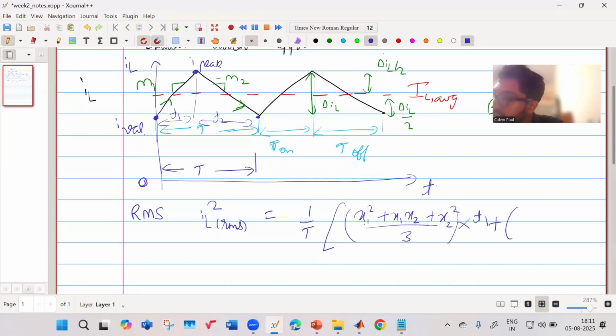So this is your x2, this is your x1. So it is plus (x2 square plus x1 x2 plus x1 square) by 3 into T2, the whole.